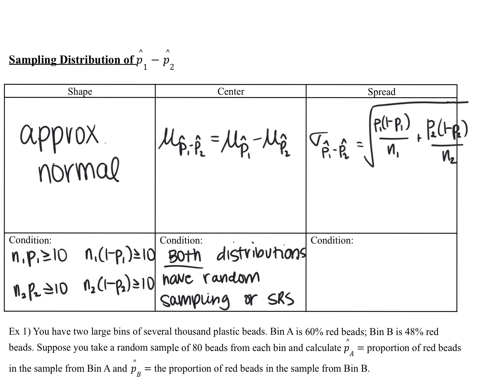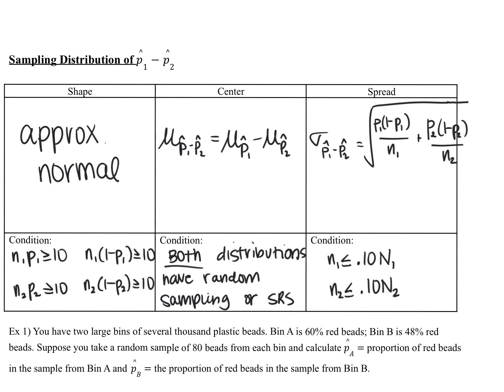And our condition here is that N1 has to be less than or equal to 10% of its population, and N2 has to be less than or equal to 10% of its population. Now, in the example that we first looked at, we were drawing from the same population of people who have heart disease, and our sample sizes were the same. So sometimes this condition you only have to check once, if your sample sizes are the same and you're looking at the same population.